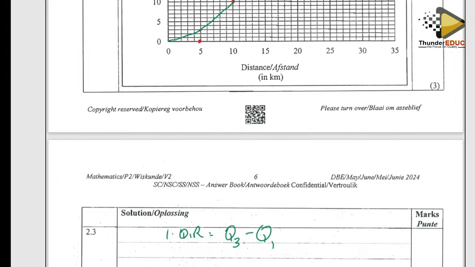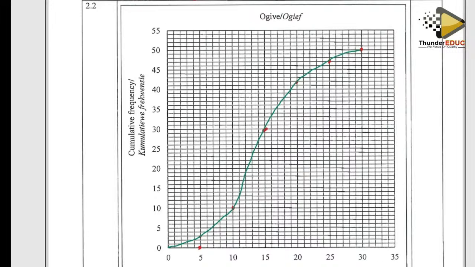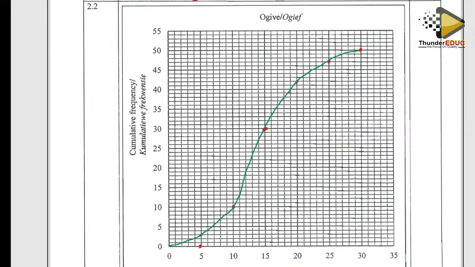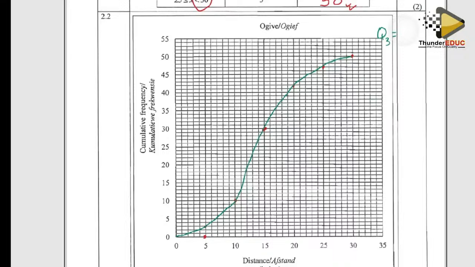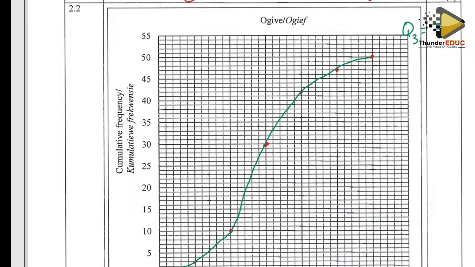But how do I get Q3 and Q1? So we know that Q3 is the same as 3/4 of the data pieces. So 3 divided by 4 times the total number, which is 50.